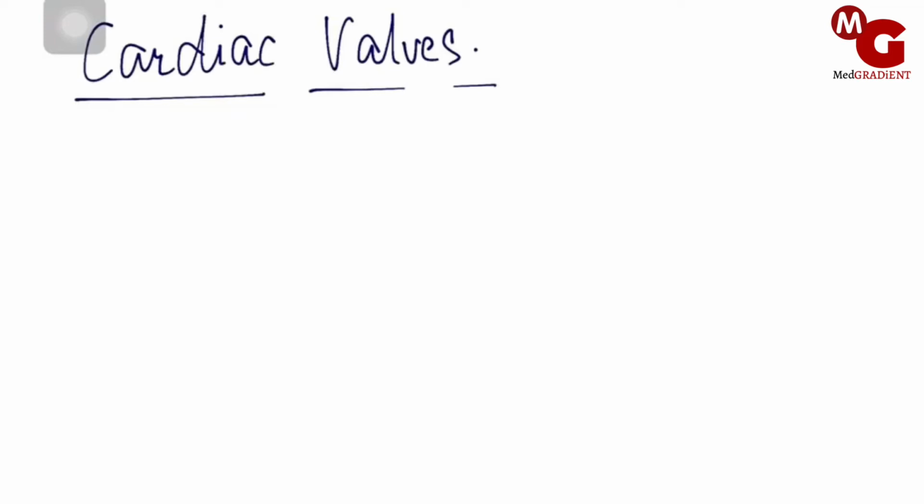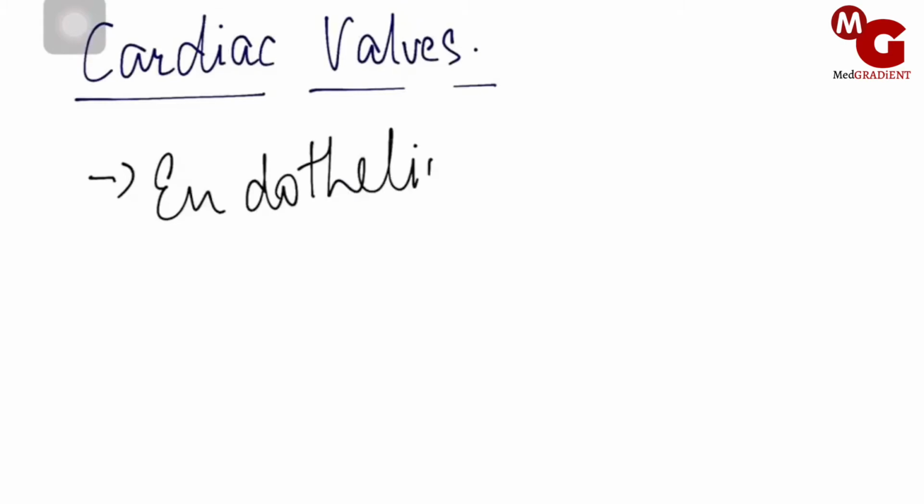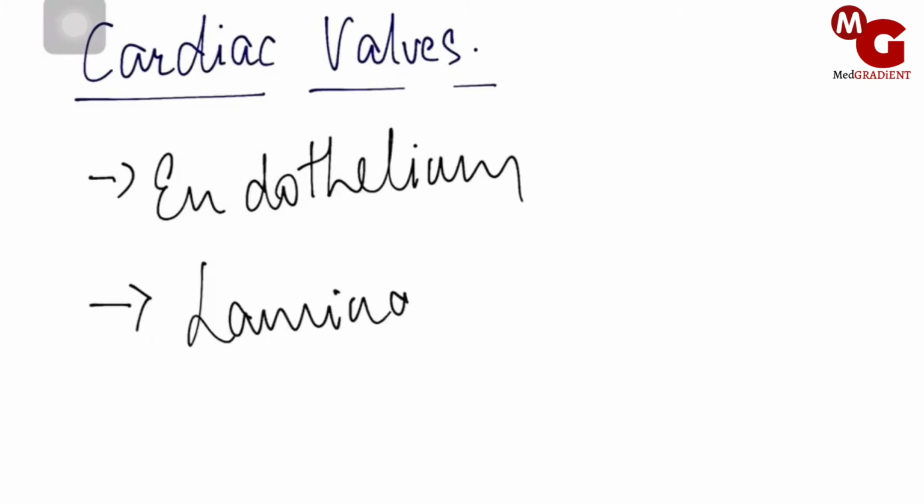But our cardiac valves have three layers, right? These three layers are endothelium, lamina fibrosa, and fibroelastic tissue.